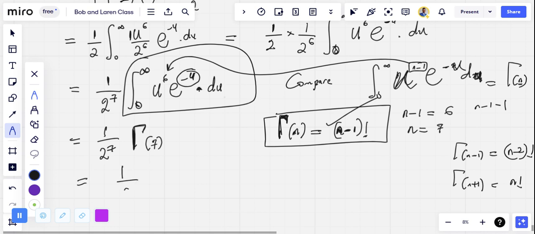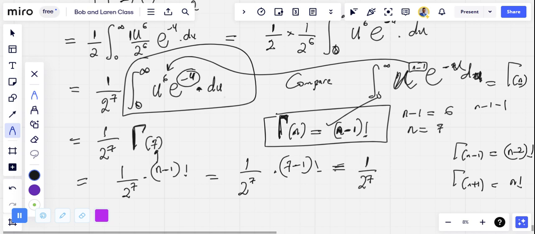So this is 1 over 2^7 times gamma of 7, which is n minus 1 factorial, where n is 7. I need to substitute that. Let me just put gamma n, where n is 7. So you have 7 minus 1 factorial, and that will be equivalent to 6 factorial.